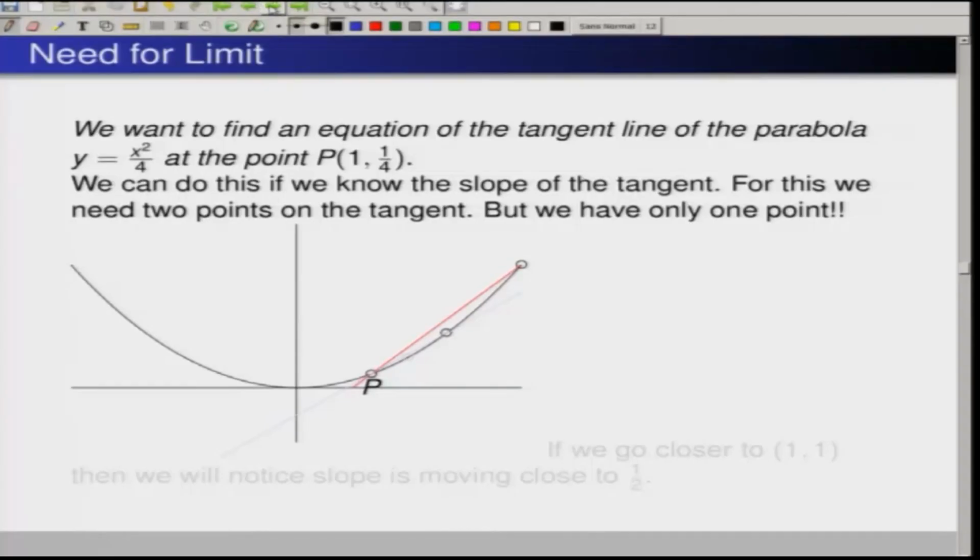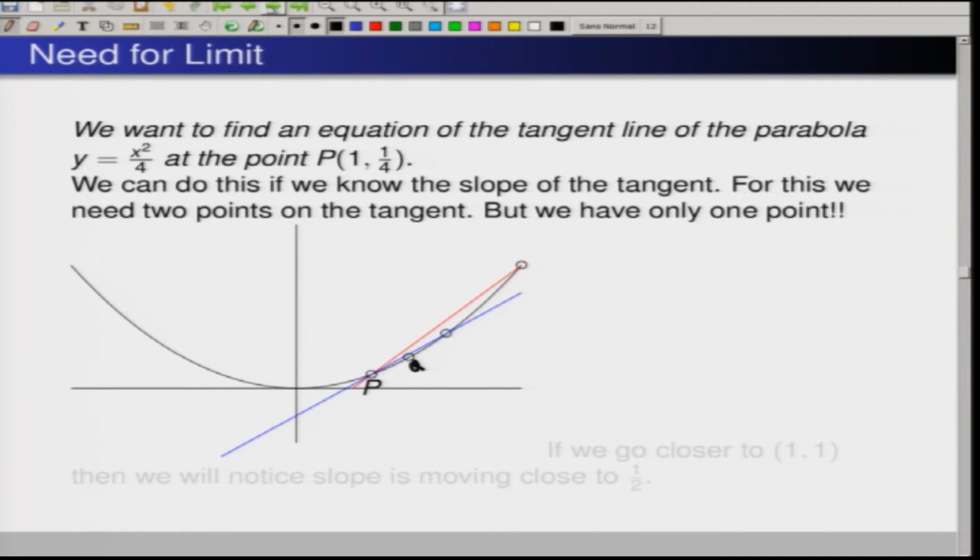Then I will draw the line that passes through P and Q. Now, what I do next is shift my point Q closer to P, and I join this. I continue with this process, then again I have Q here, then I join the line, and I keep on calculating the slope of all these lines.